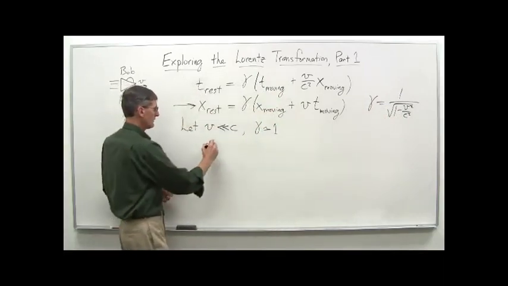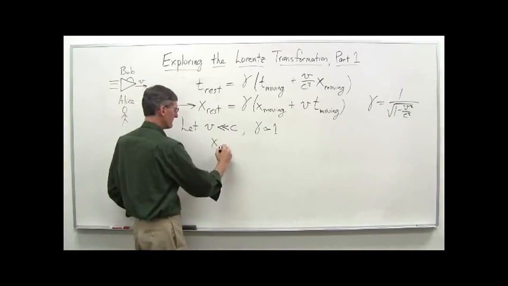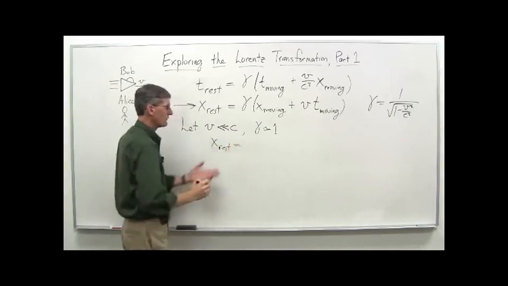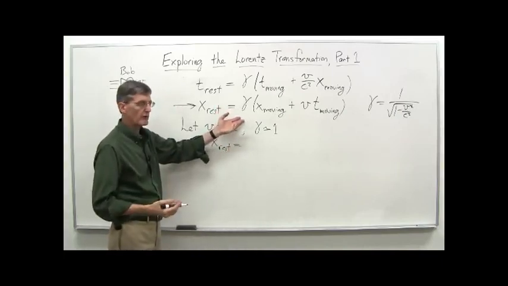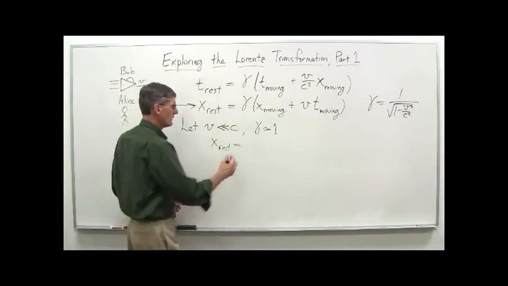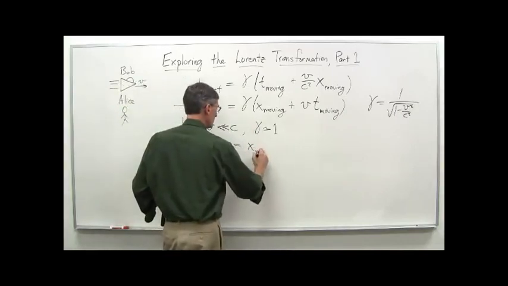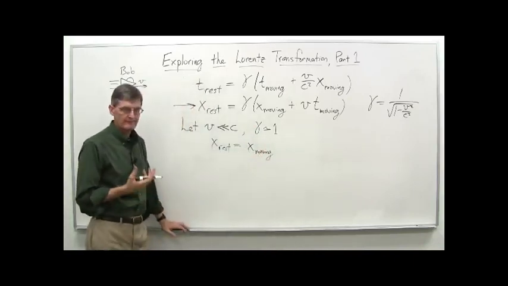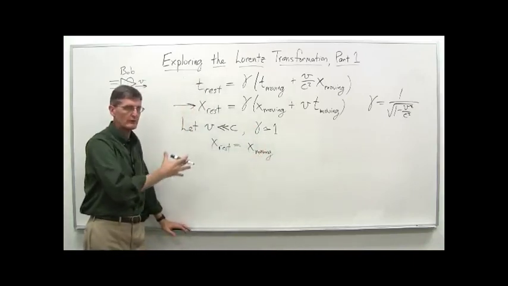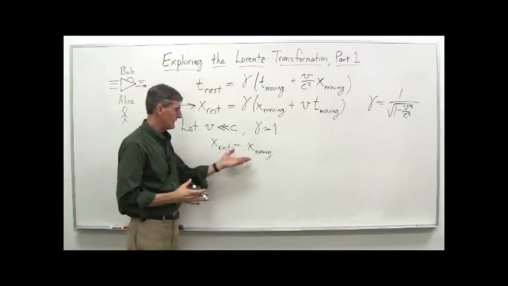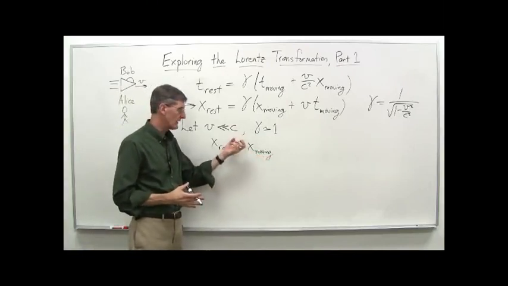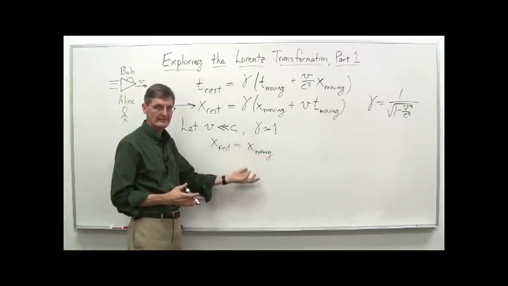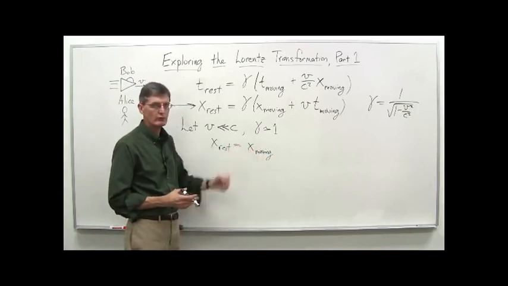And so what do we get then? We get x rest equals gamma, which is approximately 1 here, and so it becomes x moving in the moving frame. By the way, about the terminology here, this does not mean x is moving. This belongs to an x coordinate, an x measurement in the moving frame.